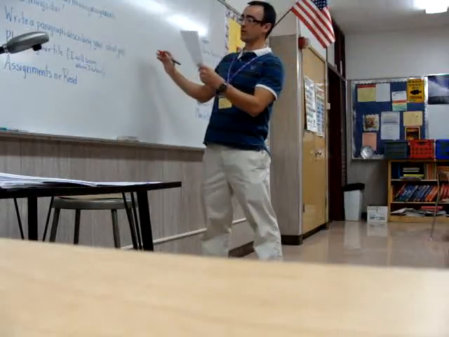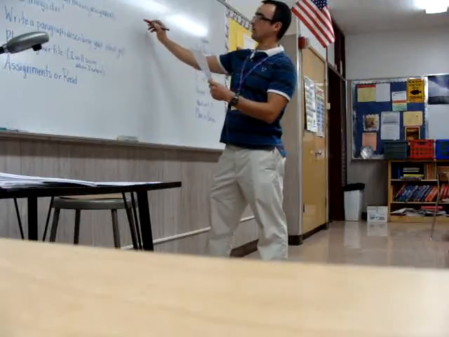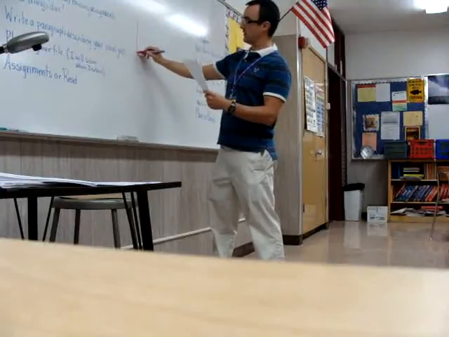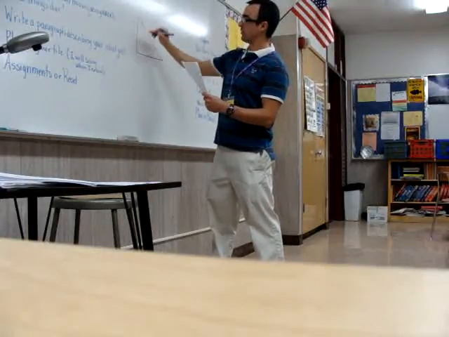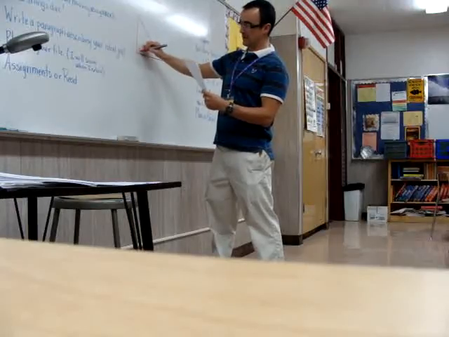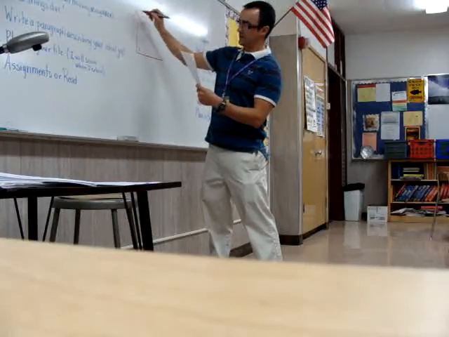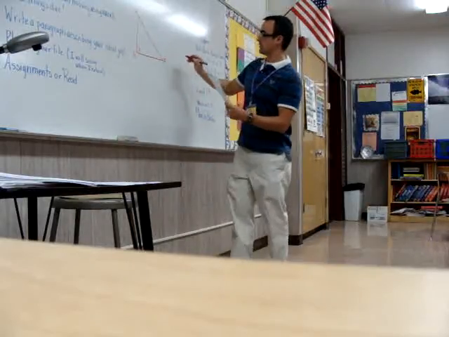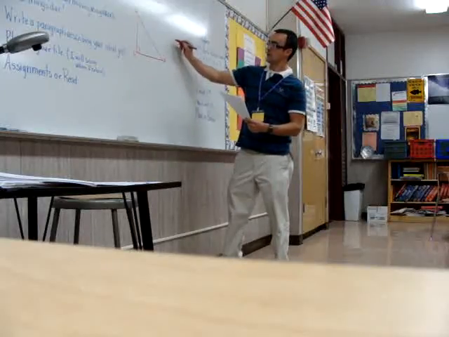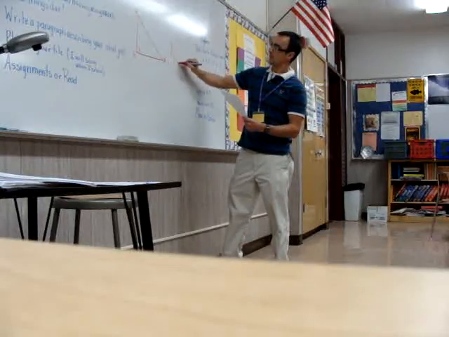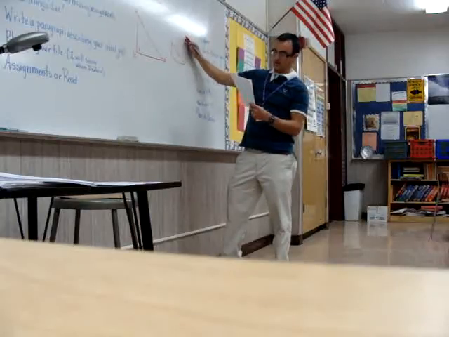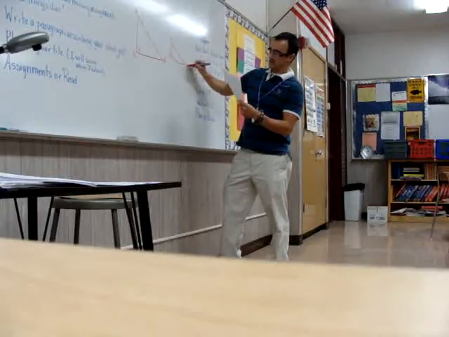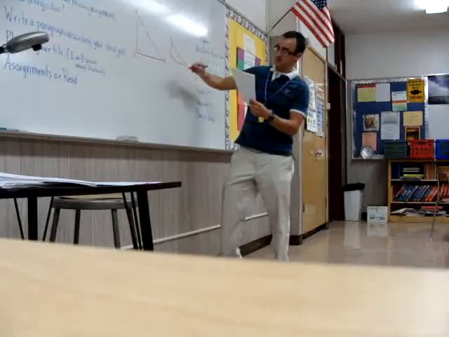For this first one, you can go ahead and write this on your board as well. We're going to have two figures. Our first one will be our big one. We'll have the points H, G, and I. And for our smaller figure, we have B, R, and S. We have number 1 right here.